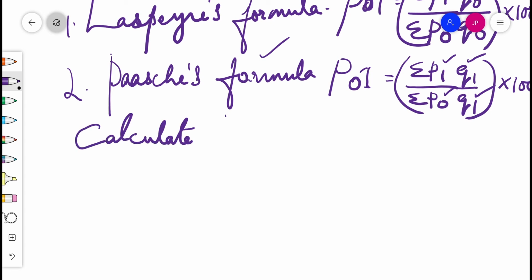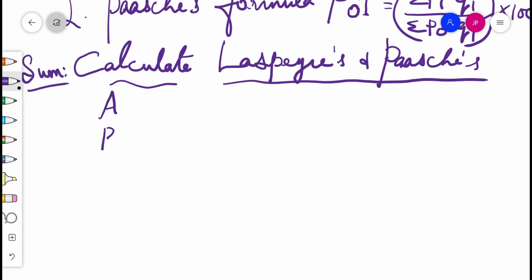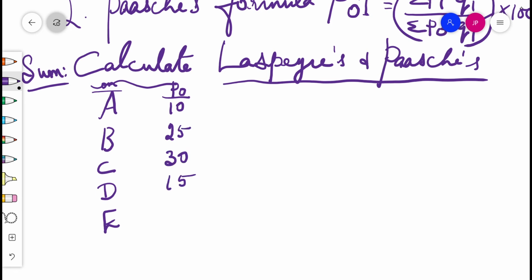We can do one sum. Calculate Laspeyres and Paasche price index numbers from the following data. We can write commodities A, B, C, D, E, let it be any commodity. The first column is commodity. The next column we have P0, base year prices: 10, 25, 30, 15, 20.